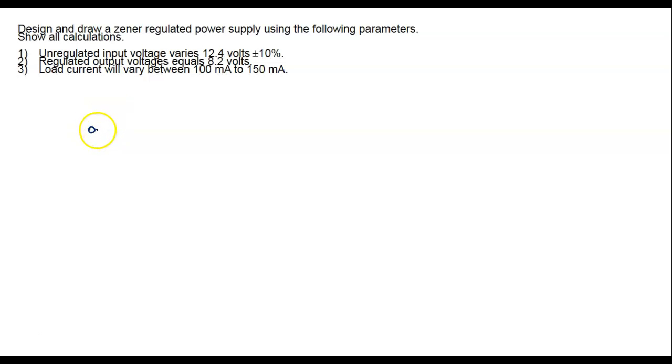So we'll start off by coming in and we'll draw RS. And then we'll figure out if it's a negative supply or a positive supply. This looks like it's a positive supply. So this is unregulated in right here, unregulated filter DC.